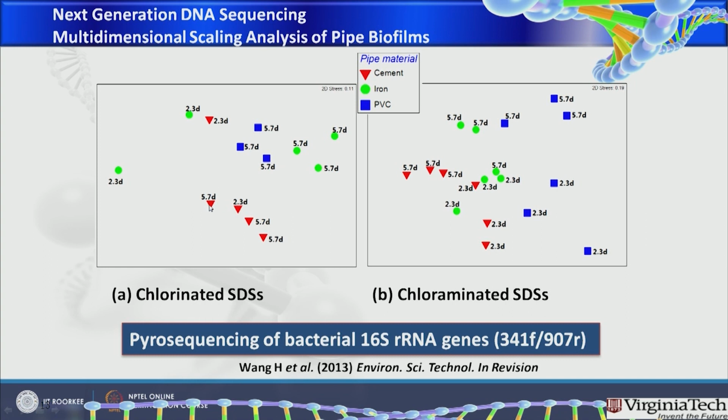The microbial community in the cement pipe with water age 5.7 days is similar to the cement pipe biofilm with water age of 2.3 days, and all of them are seemingly clustering together. All these are chlorinated and these are chloraminated.